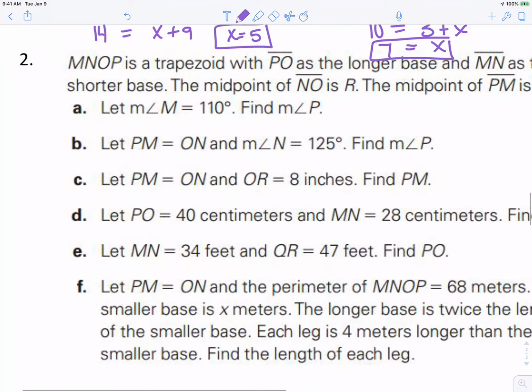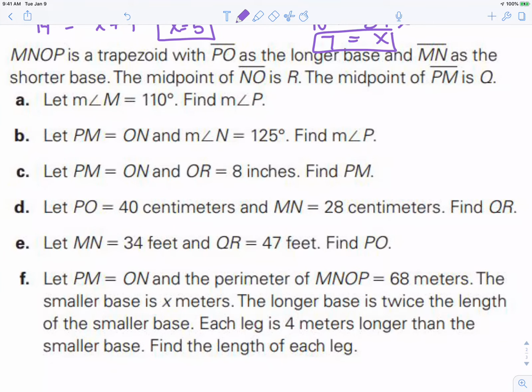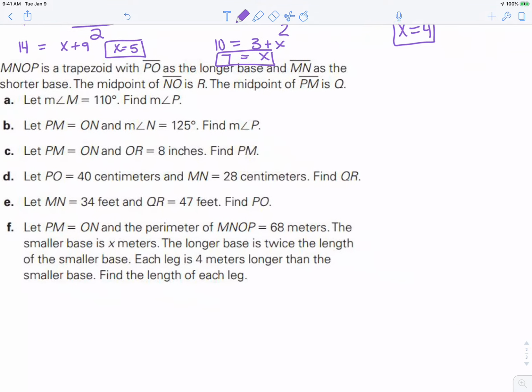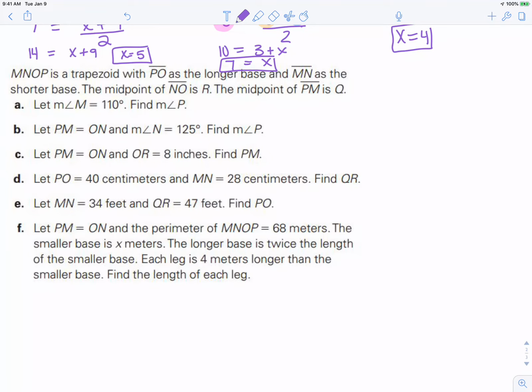Number 2. It says MNOP is a trapezoid. I don't have a picture, so I automatically know that I want to draw a picture of a trapezoid. It's just going to be more helpful if I can see what I'm talking about. PO is the longer base, and then MN is the shorter base.